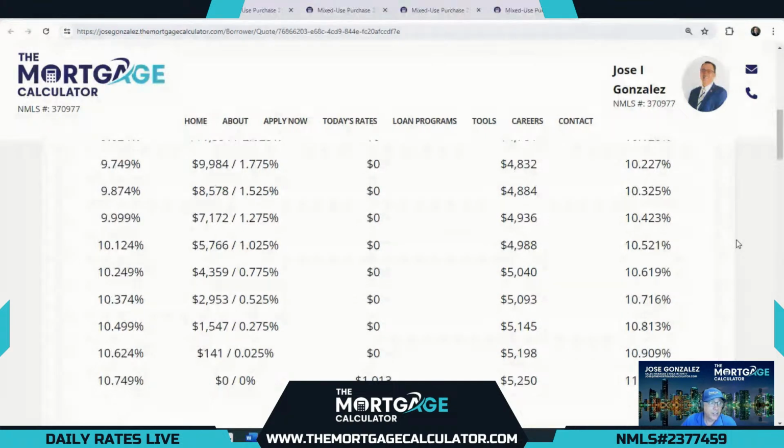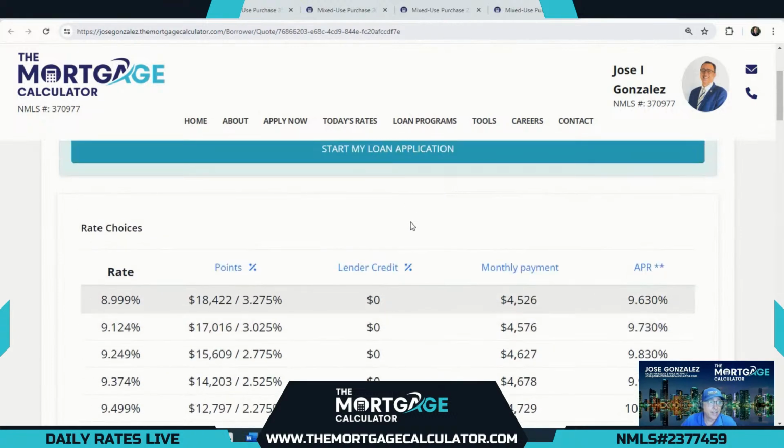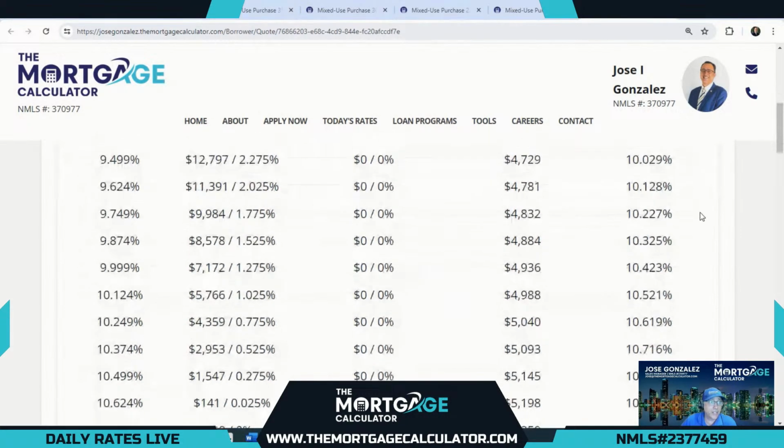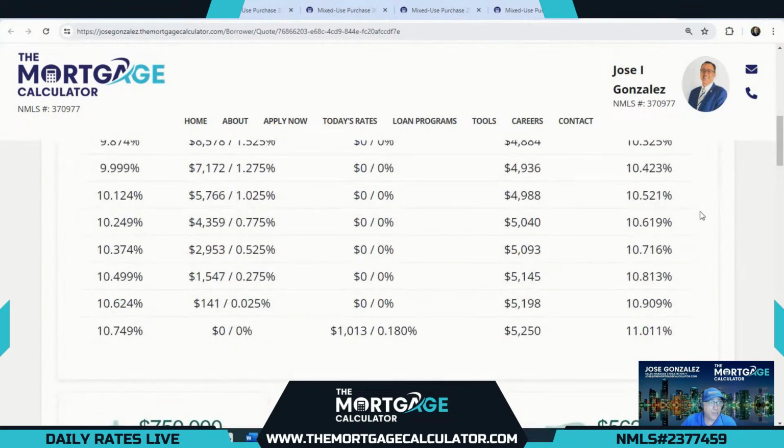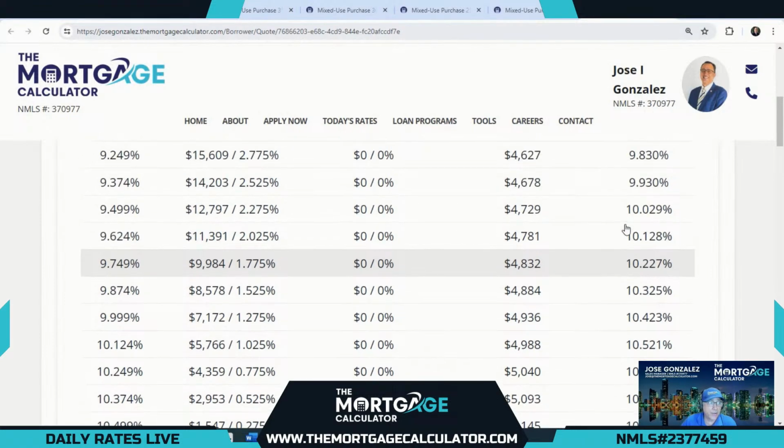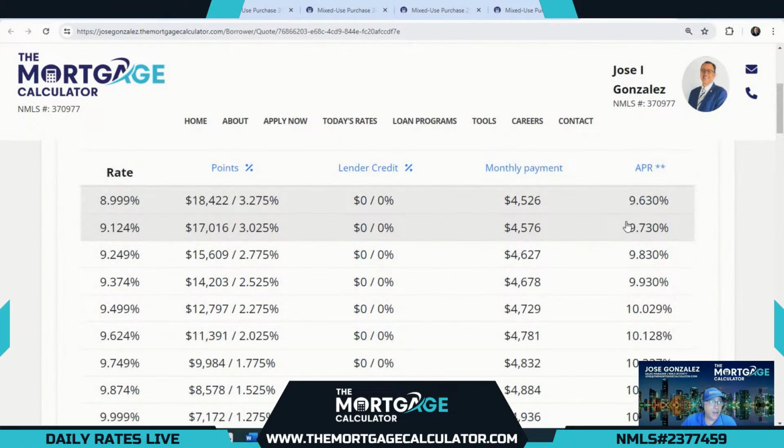So you're looking here, 10.749. We actually have a little bit of a lender credit. Let me click on that one so you can see exactly how much it is. I have a 0.18 lender credit, and you can buy this all the way down to 8.999, which is our lowest rate option. And this is at our top credit tier.